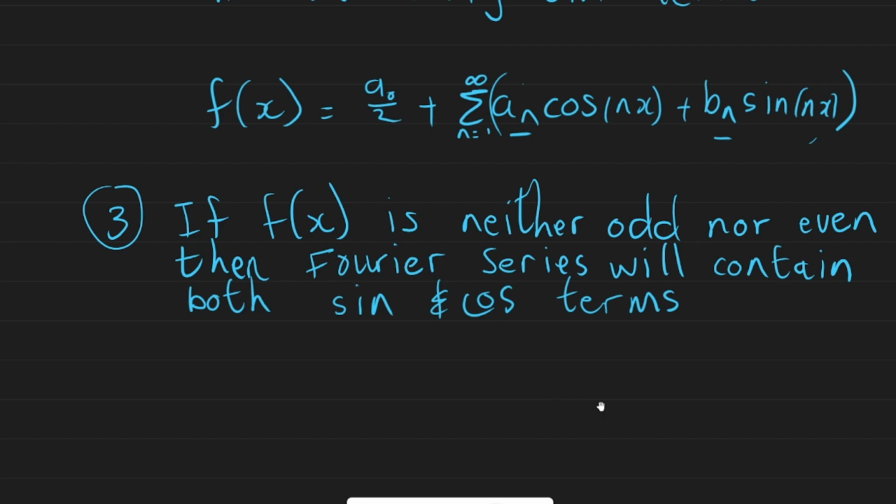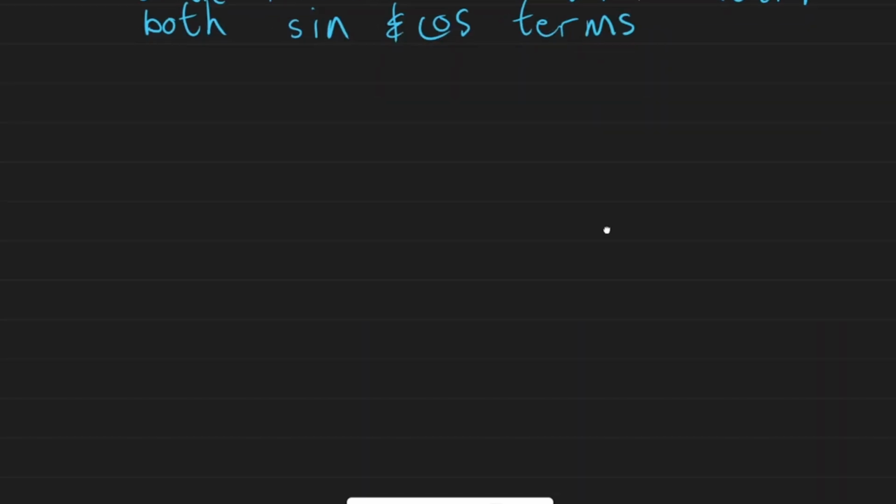We can remember one of the examples we had done in the previous videos. You can go back and have a look at it. It was along the lines of a function between minus pi and pi over 2.